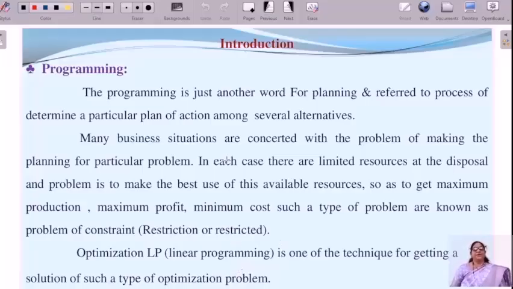Programming is just another word for planning and refers to the process of determining a particular plan of action among several alternatives. It means you have many plans and you have to choose the best one for you among the several alternatives.